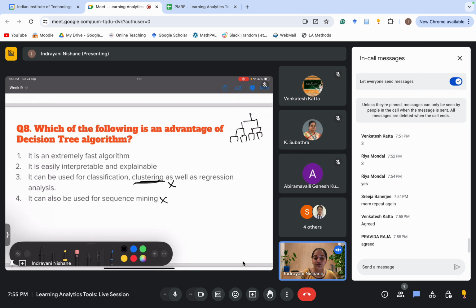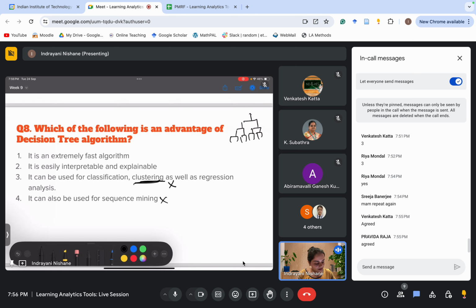Repeating everything will not help clear up your doubt, Shrija. That's why I'm asking you to unmute, or if you're not able to, you can type in the chat box why you think option 3 is the correct answer. That is also fine. I'll give you some time to gather your thoughts, and meanwhile let's check out statements 1 and 2.